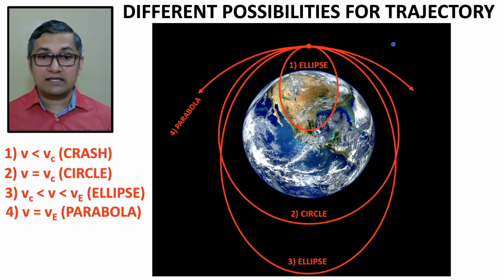So you can see clearly here this parabola. I have put arrows. It's not a closed curve. Ellipse is a closed curve, circle is a closed curve, parabola is not. That means if the satellite is in the parabolic trajectory, it's just going to go away either this side or this side based on whether I throw it to the left or the right.